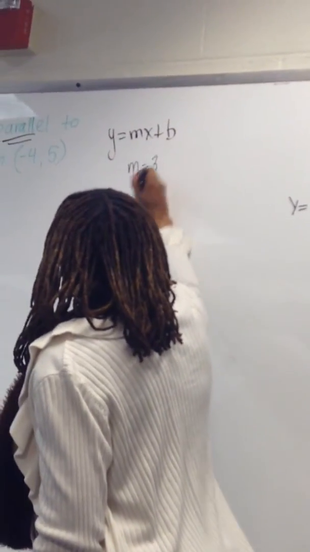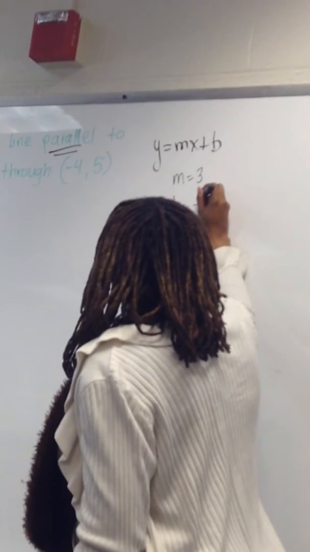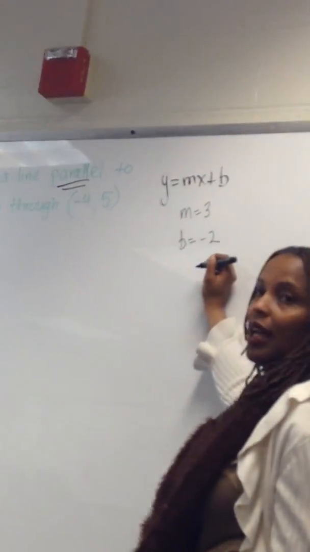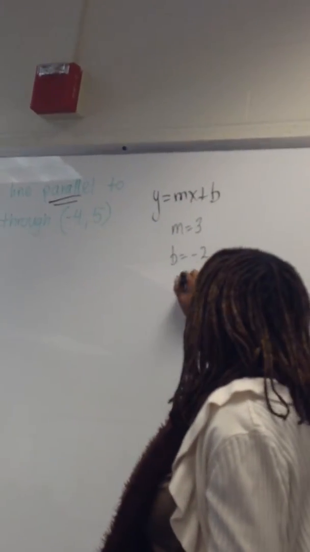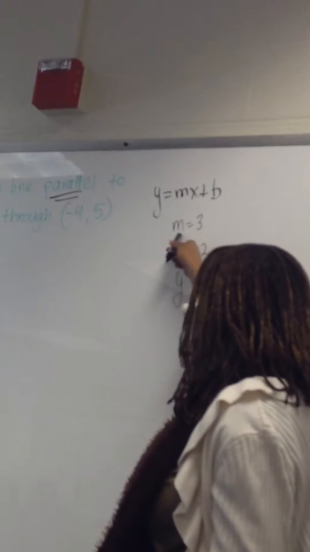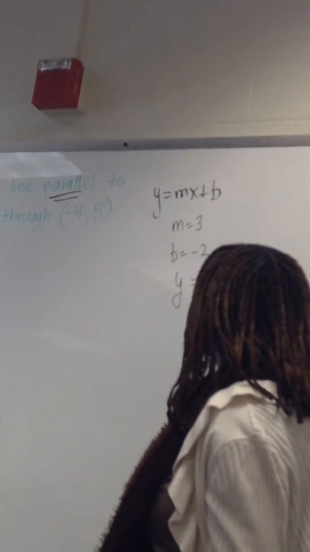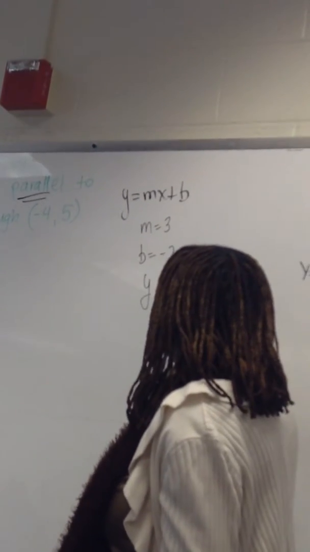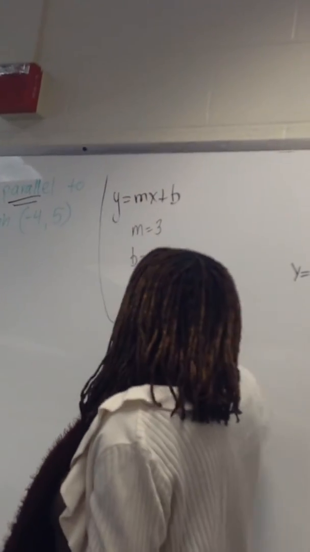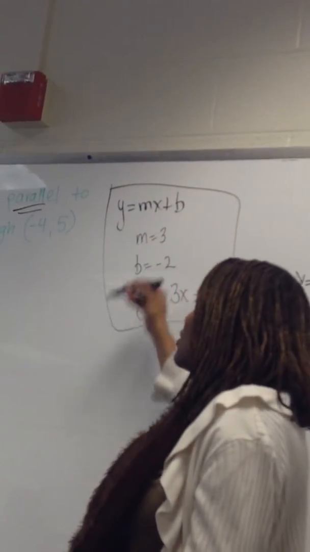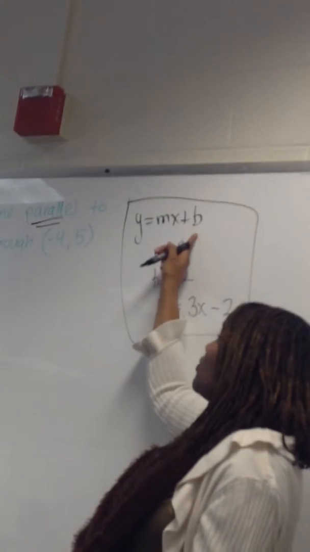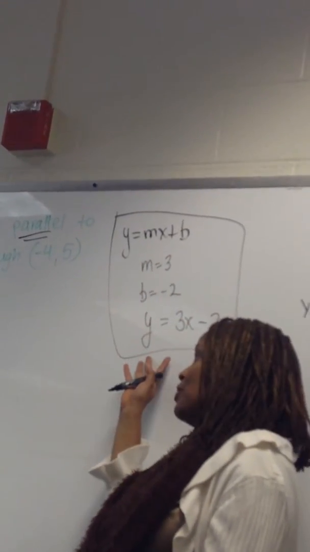For example, if m is 3 and b is -2, what's the equation of the line? y equals 3x minus 2, which is mx plus b, or plus a -2, which is the same. So if you can find b, you can always write your equation. Correct. That's the route you're going to take.